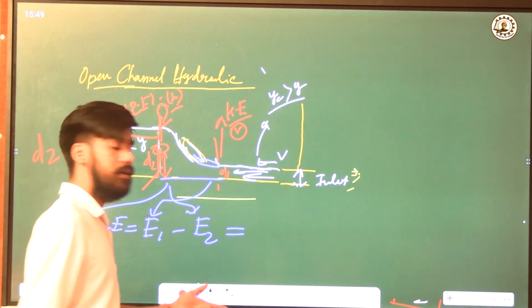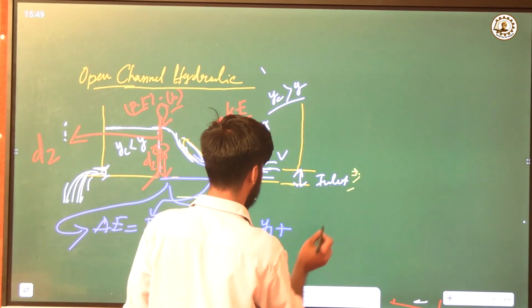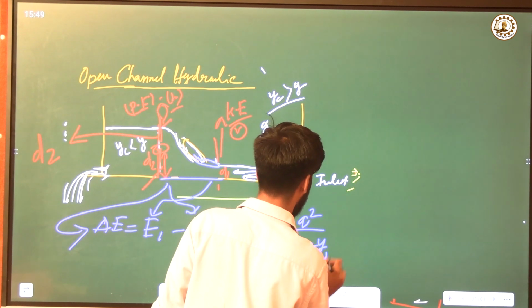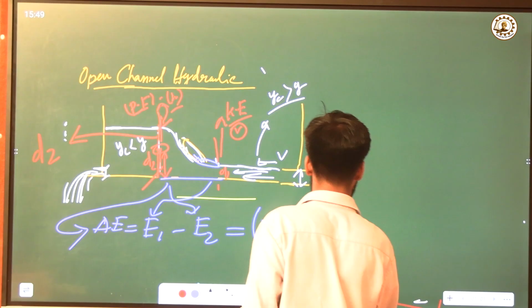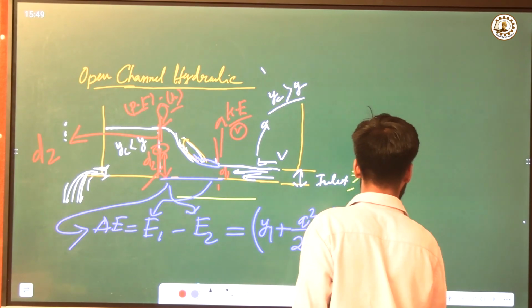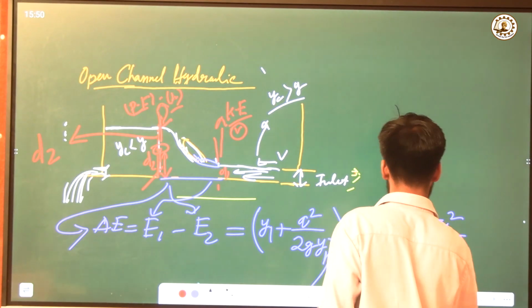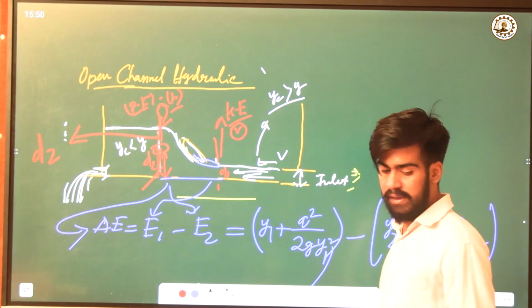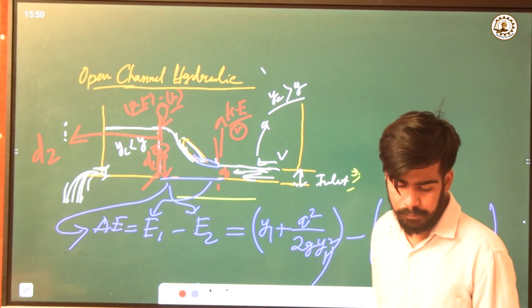We can use the specific energy, so we write y1 plus q squared by 2g y1 squared for a constant discharge, minus y2 plus q squared by 2g y2 squared. This is simply the energy loss due to the hydraulic jump.